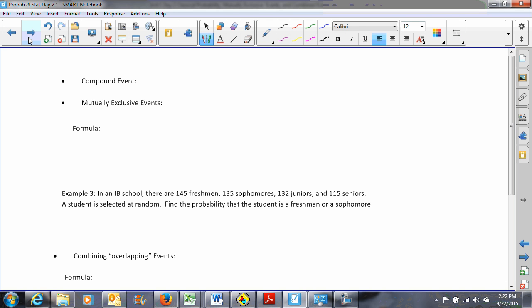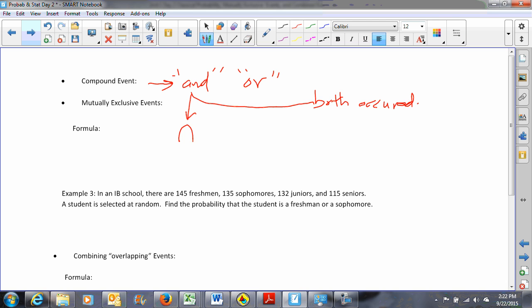Now, we would be joining these compound events, the description of these compound events, with either the word and or the word or. Now, and means that both have to have occurred. And usually, in set theory notation, and is the same thing as intersection.